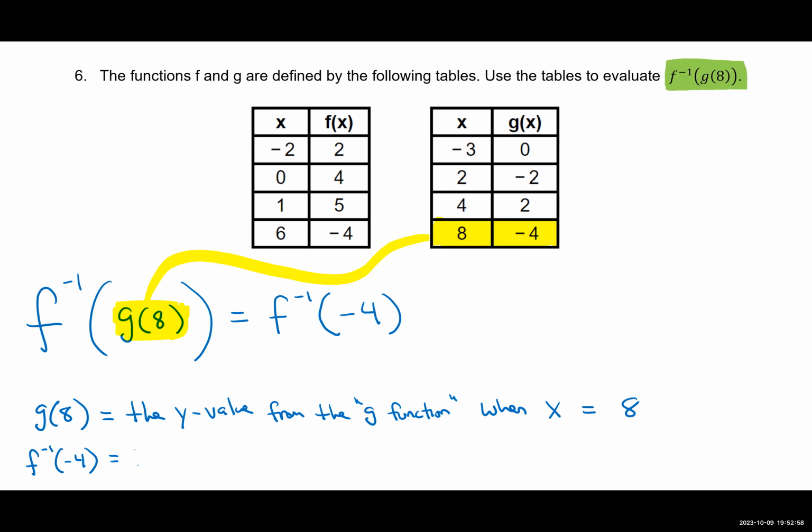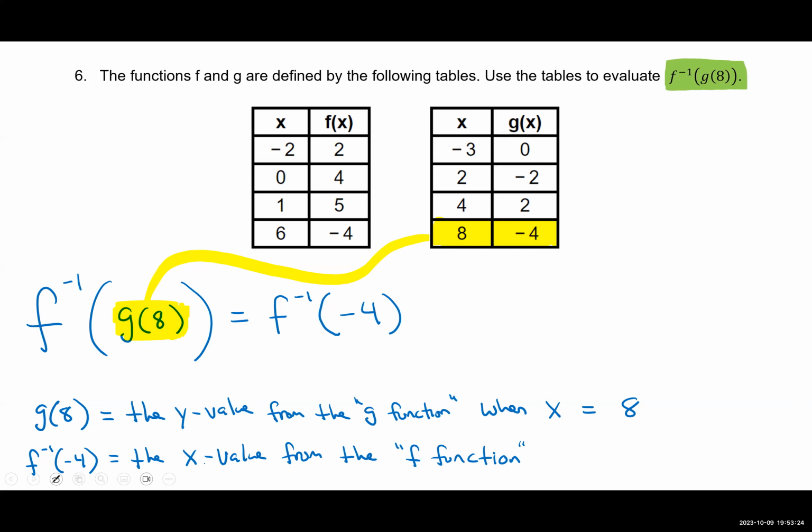Well, that means the x value from the f function. The x value, not the y value. We're looking for the x value now. Everything changes, everything flip-flops when we start talking about the inverse instead of the original function.